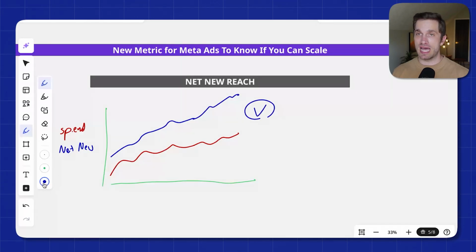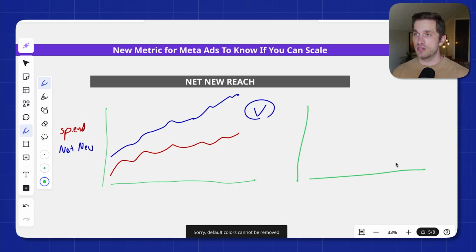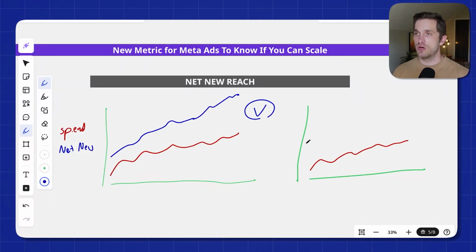What you don't want to happen is spend increasing like this, but your reach going up and then falling flat, or in the worst case scenario, going negative as compared to your spend. The reason that would happen is that your ads aren't getting in front of new people.